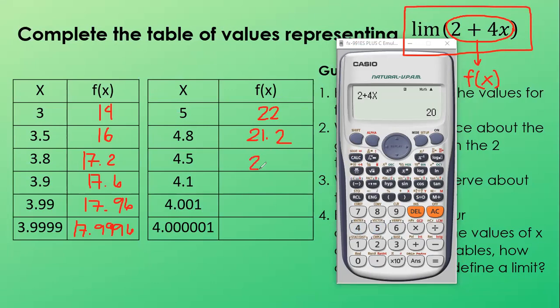Okay, so that will give us 20 if x is 4.5. If x is 4.1 naman, 18.4. Okay, so if 4.001, that will give us 18.004.